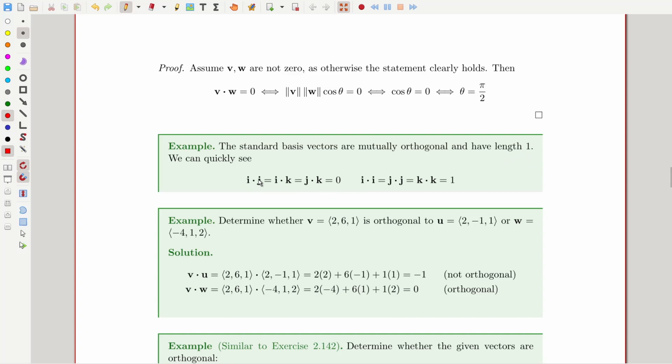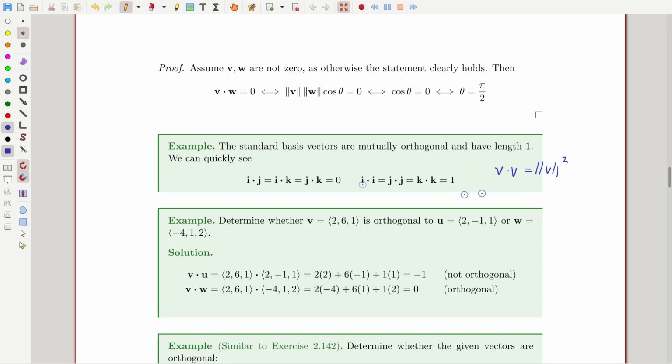Okay. Then we can quickly see that these three dot products are all 0 because they're orthogonal to one another, so the dot product is 0. And this other set is coming from the other property that we encountered above, which is that a vector dotted with itself is the same as taking the magnitude of the vector and squaring it.